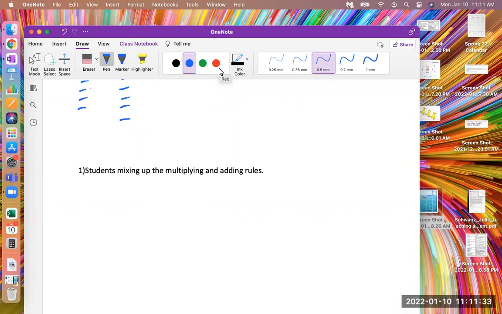We just decided, let's just go with that, and that's the way we need to approach the rules for multiplying and dividing integers. There's just rules, you just follow them. There's no deeper concept to understand there.